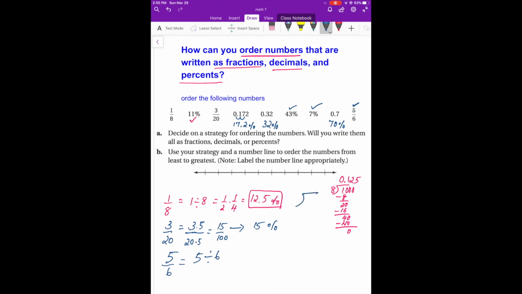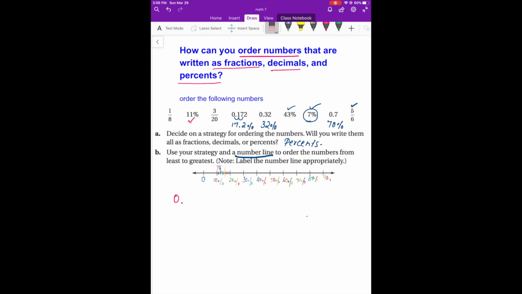When you divide 5 by 6, 0 point, and add zeros. I already put a decimal, so I can add as many zeros as I want. So in 56 goes 8 times, 48.